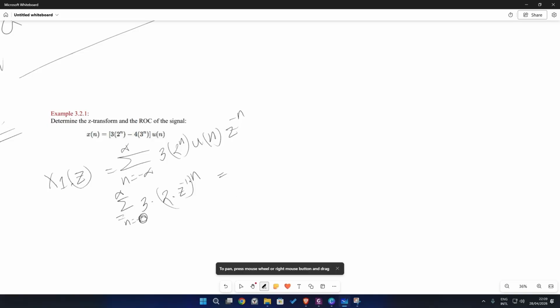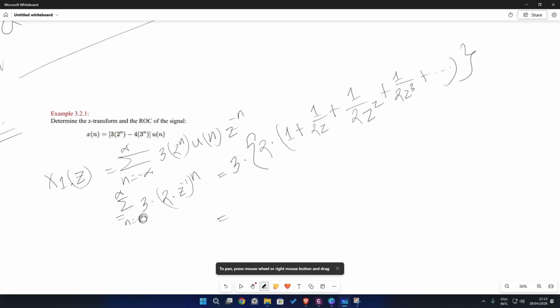So a z inverse 1 to the power n, we can directly write it as 2 into 1 plus 1 by 2z plus 1 by 2 z square plus 1 by 2 z cube. This is the formula. We have already faced this formula. You can elaborately write these things.